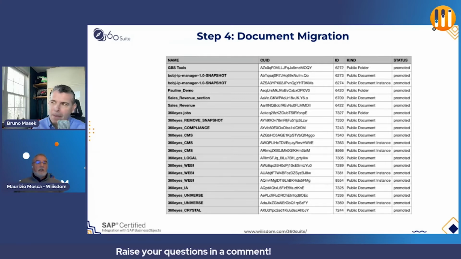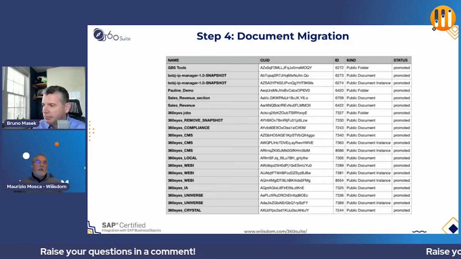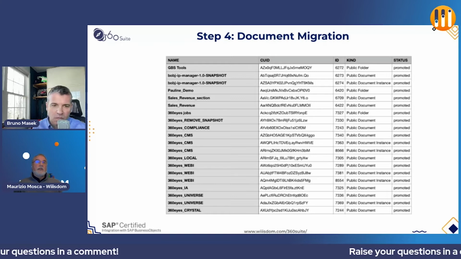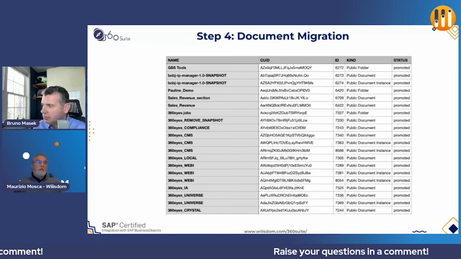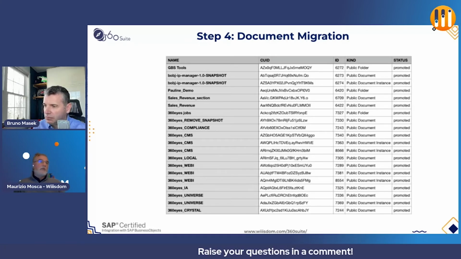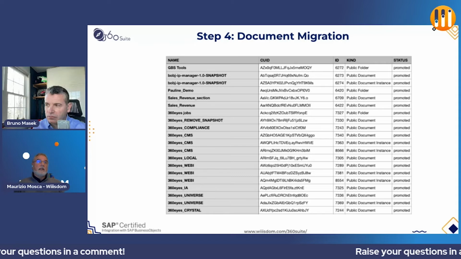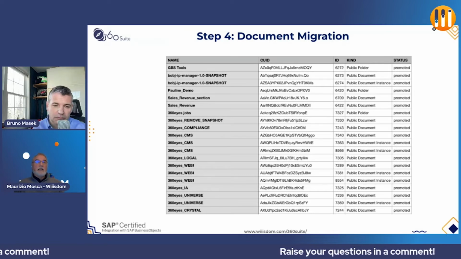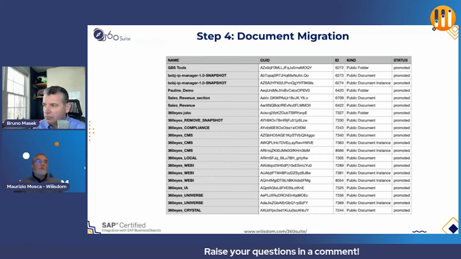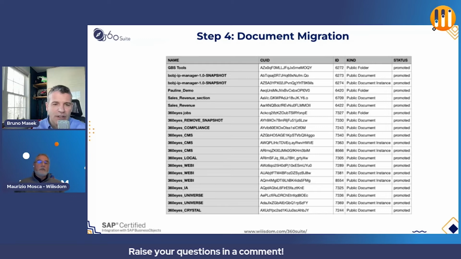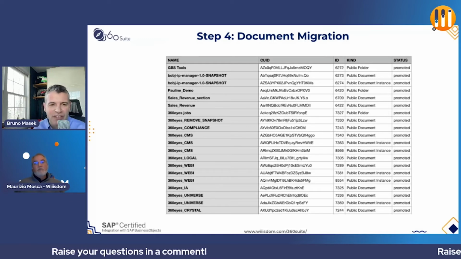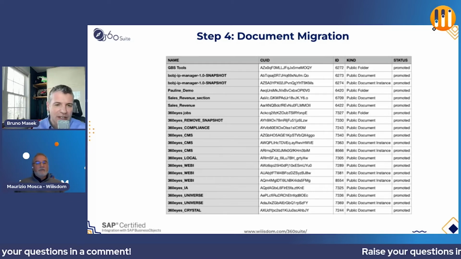You can run reports, with the data that we collect through 360, to show which objects have been promoted, which ones still need to be promoted, when they've been promoted, whether you need to promote them again because they changed. So you can keep an audit of that. You can document it and keep it as proof and demonstration of what's been done and what needs to be done. That's always a concern: have I moved everything? Has it been promoted? That's always a big question.